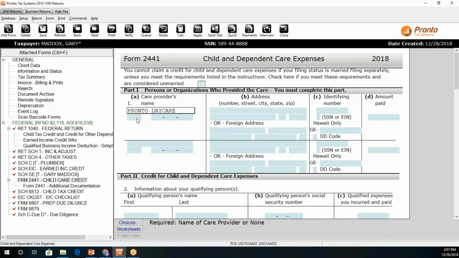If the daycare provider has a telephone number, we would put it there. They are on Main Street, and this is their EIN number, and he paid them $3,000. Okay?